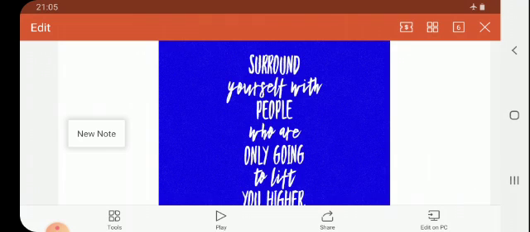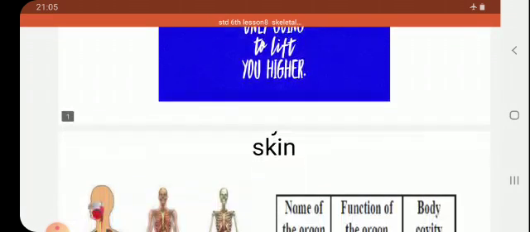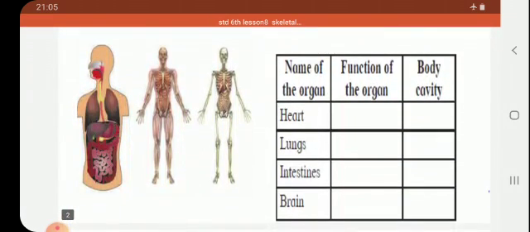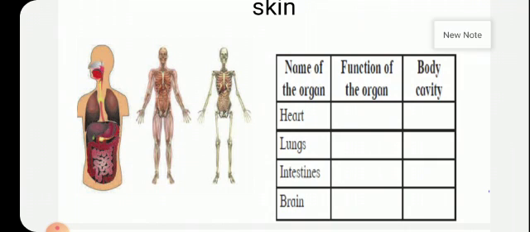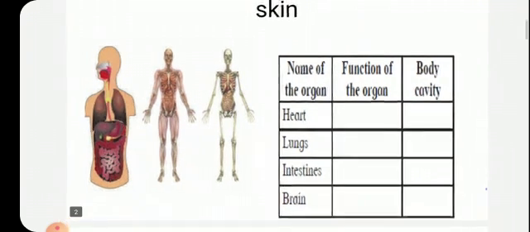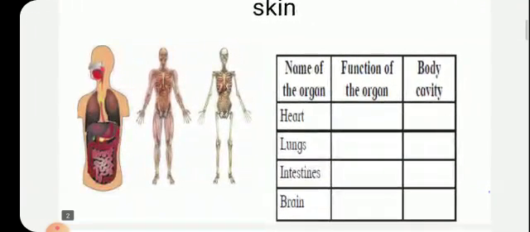Now we will come to the lesson, our skeletal system and the skin. Children, I hope we had studied in our previous classes about the various systems, organs present inside our body, external organs, internal organs.